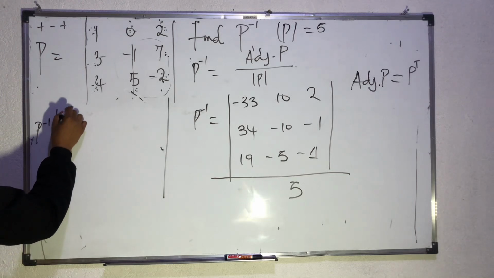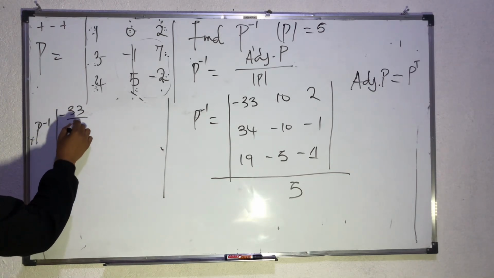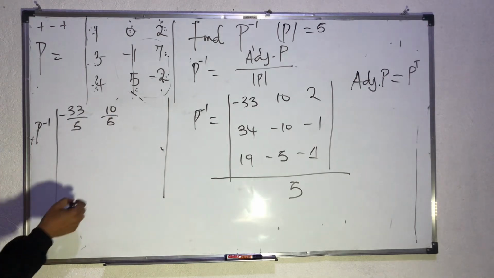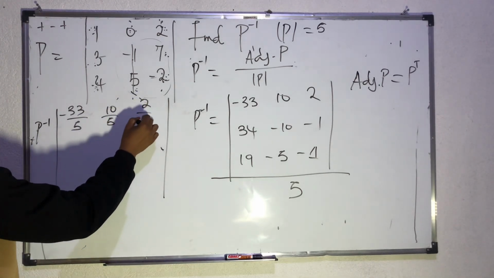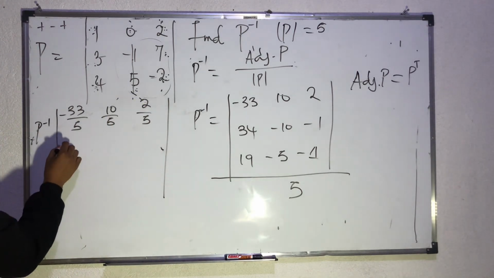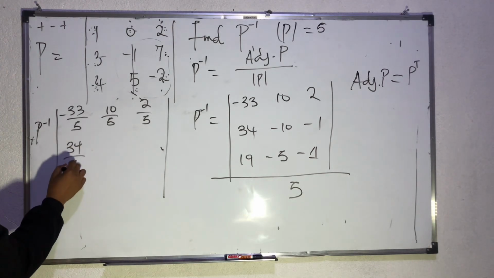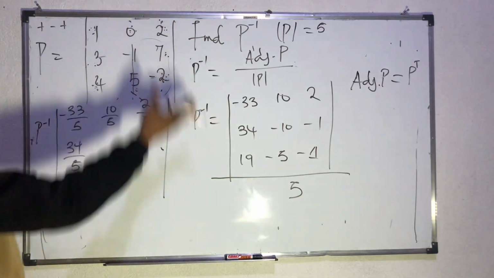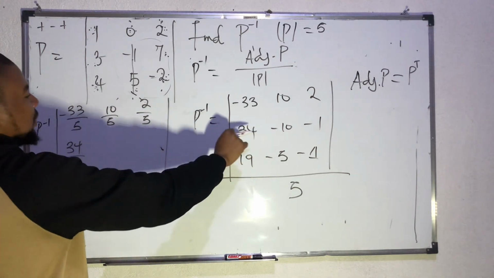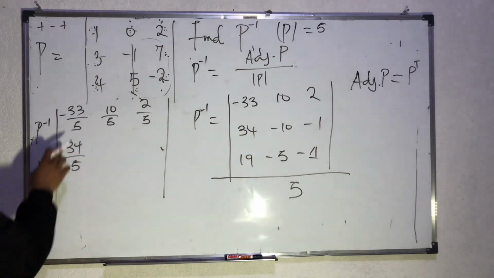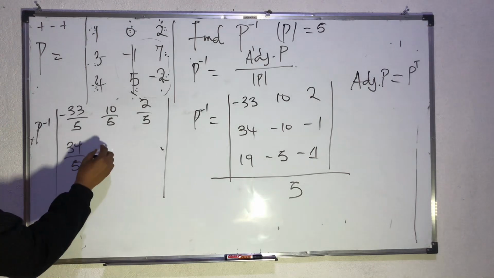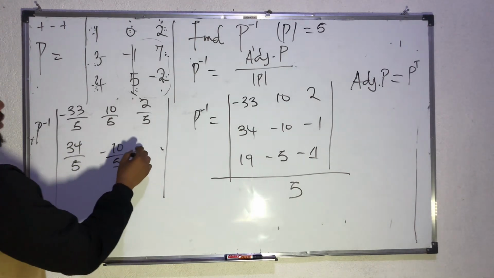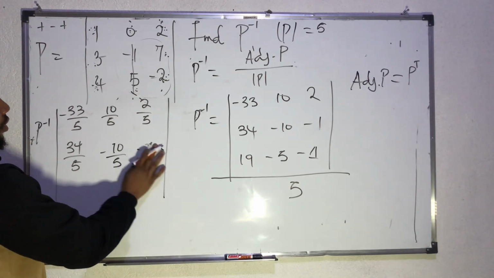We're going to have negative 33 over 5, 10 over 5, 2 over 5, 34 over 5. Remember that this 5 divides everything inside this box. So 34 over 5, negative 10 over 5, negative 1 over 5.